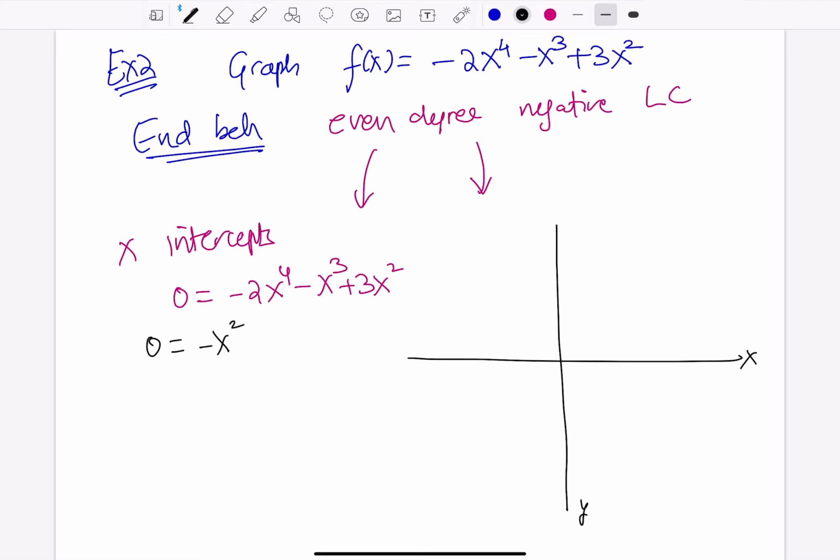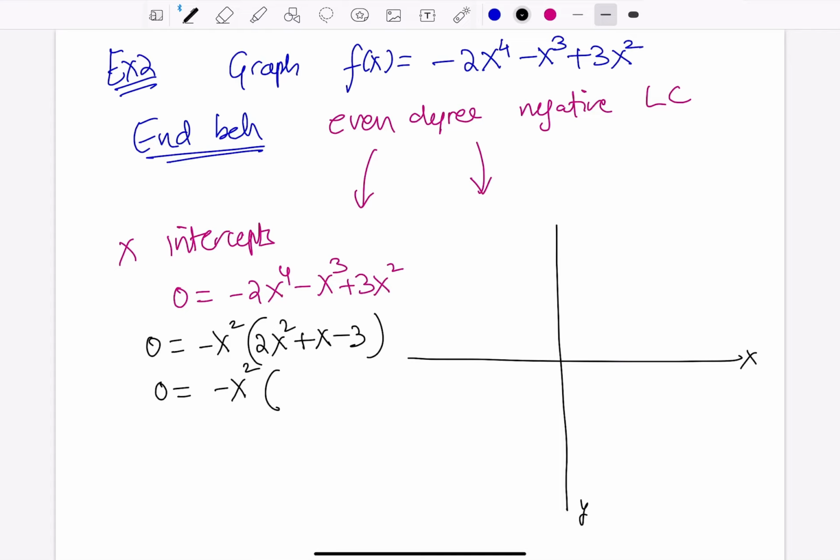Factor out negative x squared: 2x squared plus x minus 3, because we pull the negative out. Let's go ahead and factor. We can divide both sides by negative 1 if that helps.